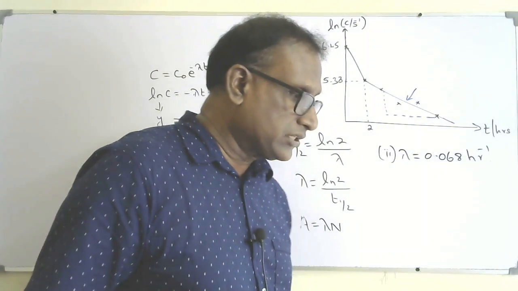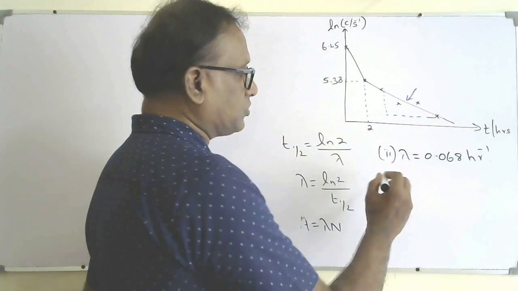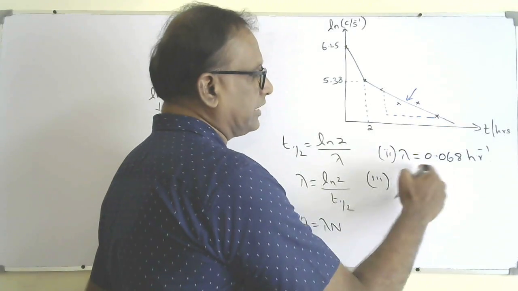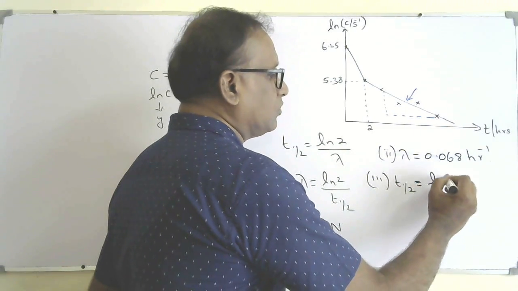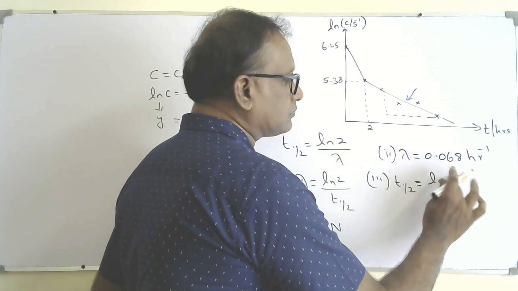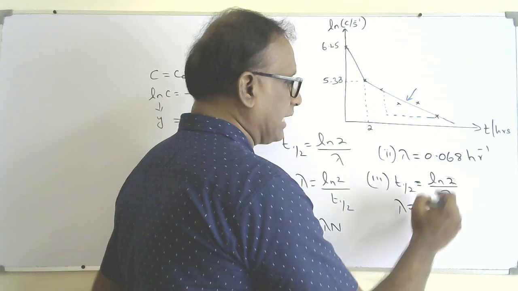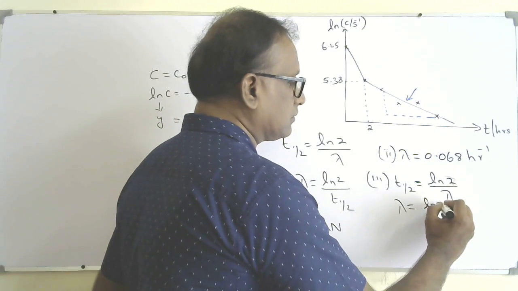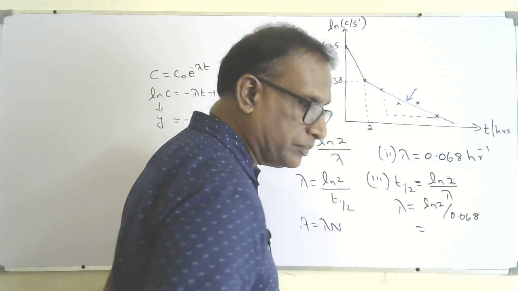Right. Next part they're asking, that is third part, hence determine the half-life of y. So that third part, half-life of y, you found the lambda. So use T half equal ln2 over lambda. So lambda will be ln2 over 0.068 per hour.